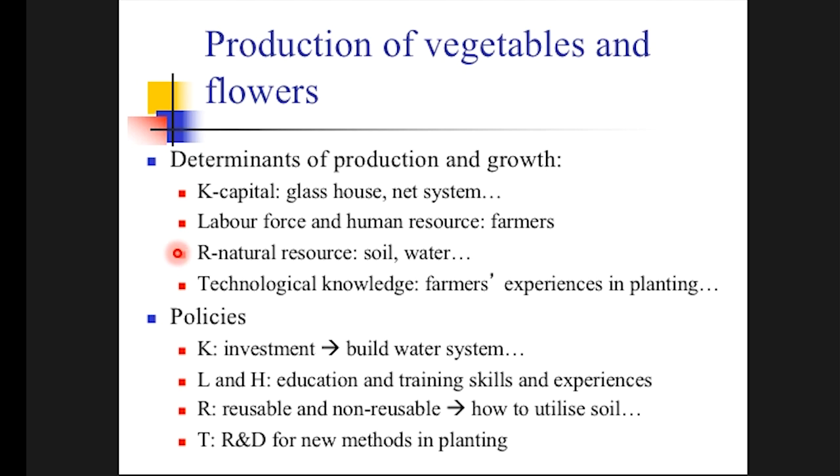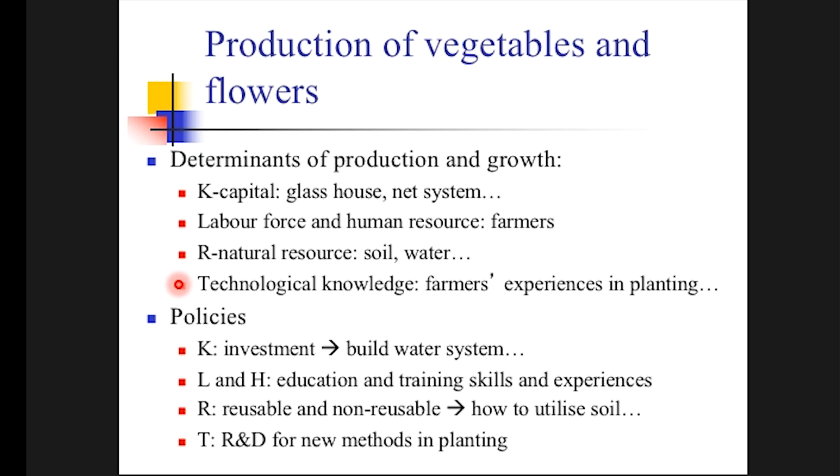The natural resource is the resources that come from nature. For this production of vegetables and flowers, we need soil and water, and also light, temperature, etc. And last, technology or technological knowledge.